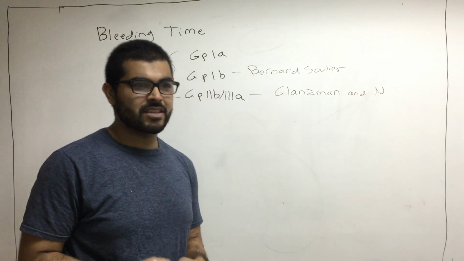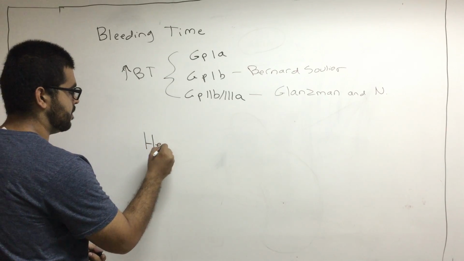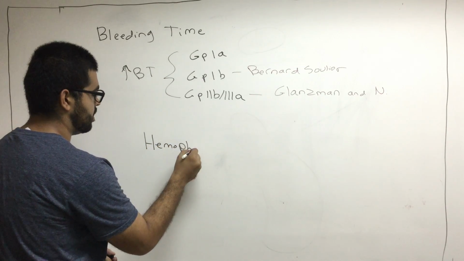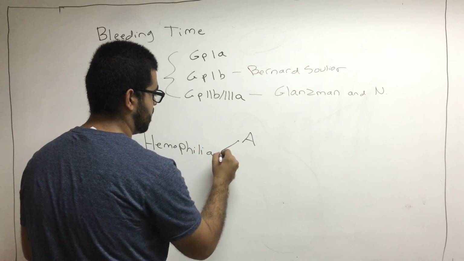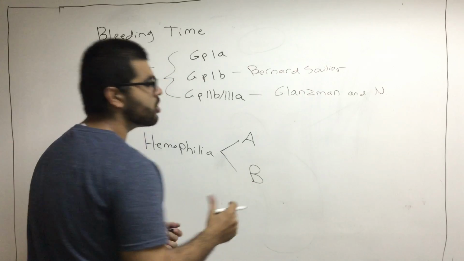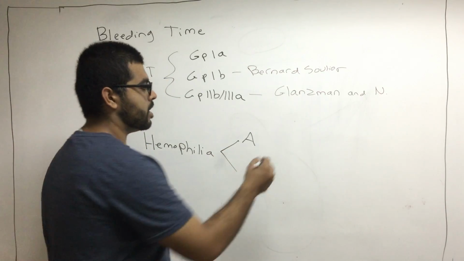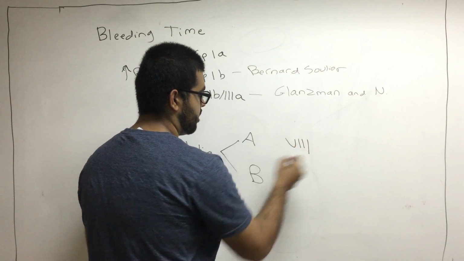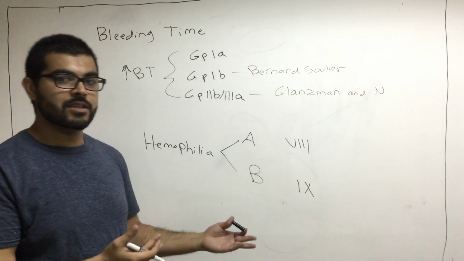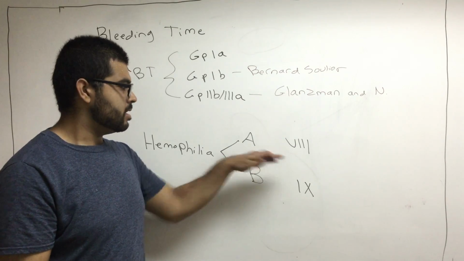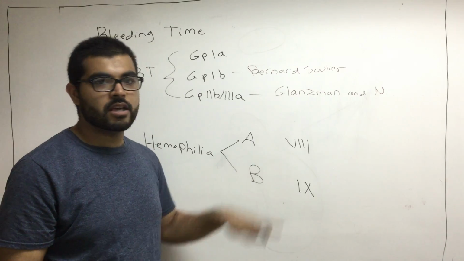And you have two types, type A and type B. You have to know which factor is associated with which. A is going to be factor 8. B is going to be factor 9. So 8 comes before 9, just like A comes before B. Easy as that. And what's the common thing between factor 8 and factor 9?